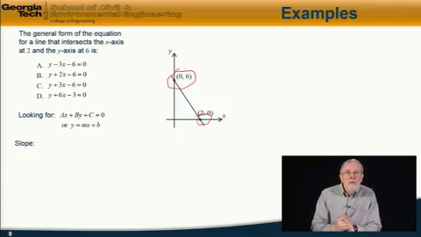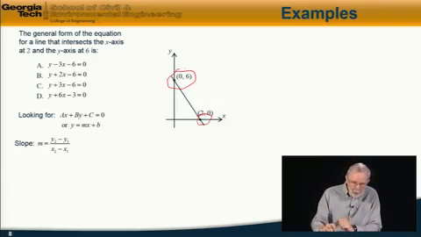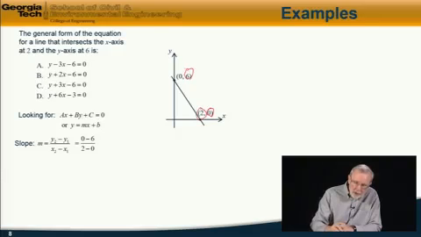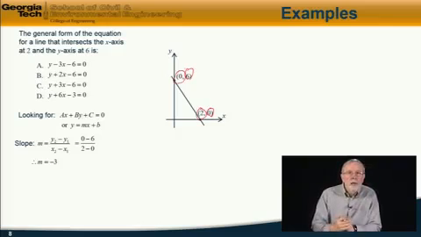So we can take those 2 points as our points 1 and 2, and the slope of the line between those 2 points is again equal to y2 minus y1 over x2 minus x1. So y2 is 0, y1 is 6, x2 is 2, x1 is 0. So the slope of the line is -3.